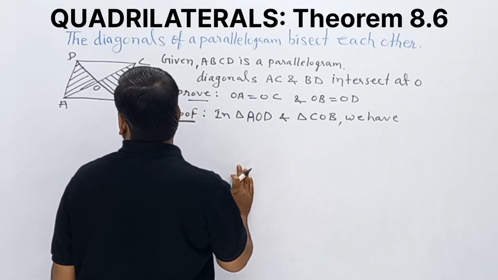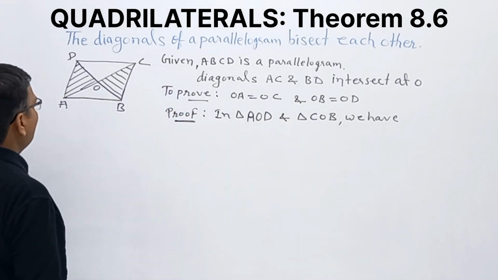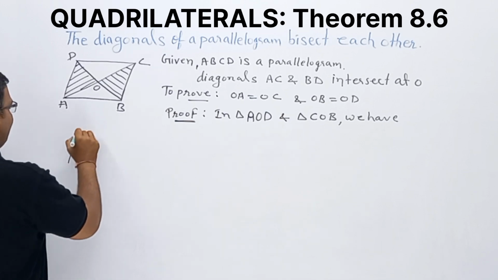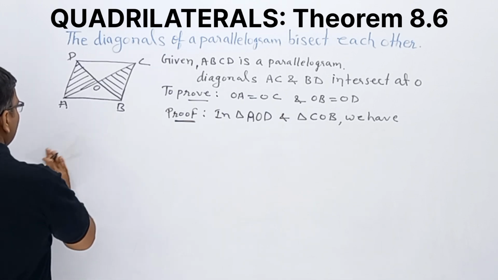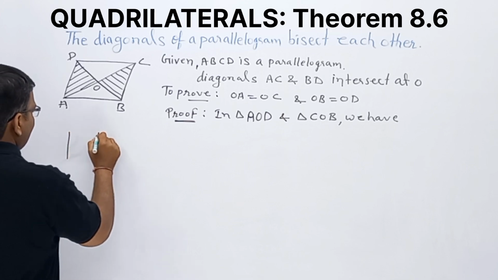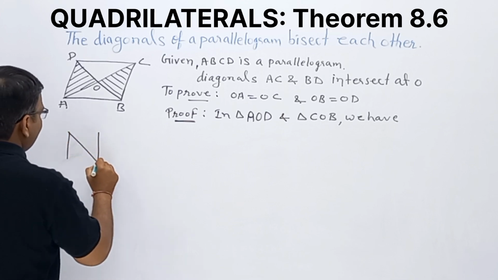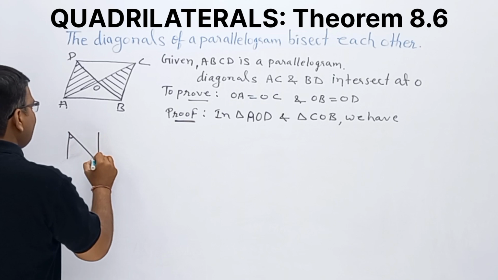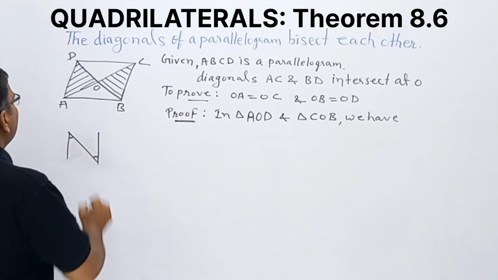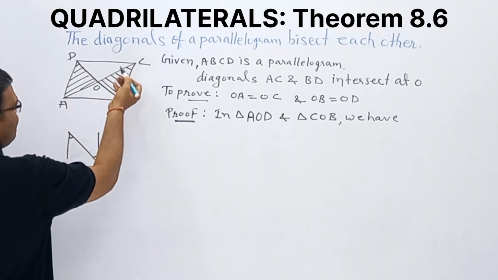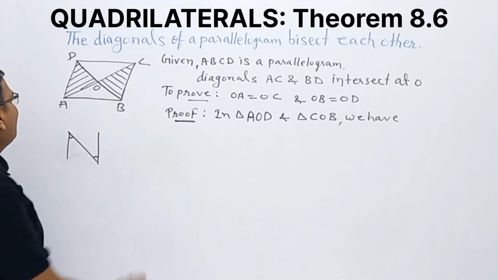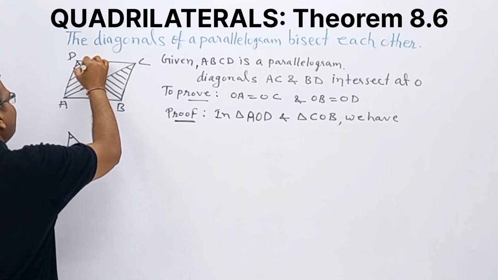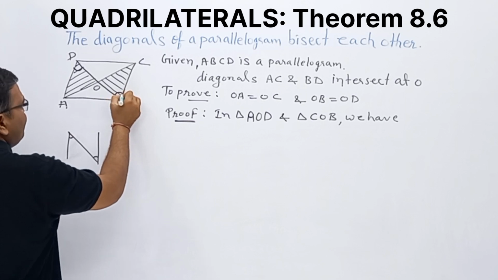So first, once we have two parallel lines and one intersecting line, then alternate interior angles are equal. Similarly, this is a parallelogram, so AD and BC are parallel lines, so this angle will be equal to this one.